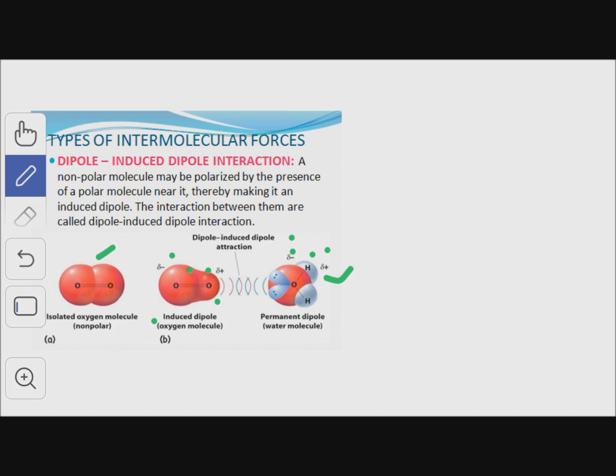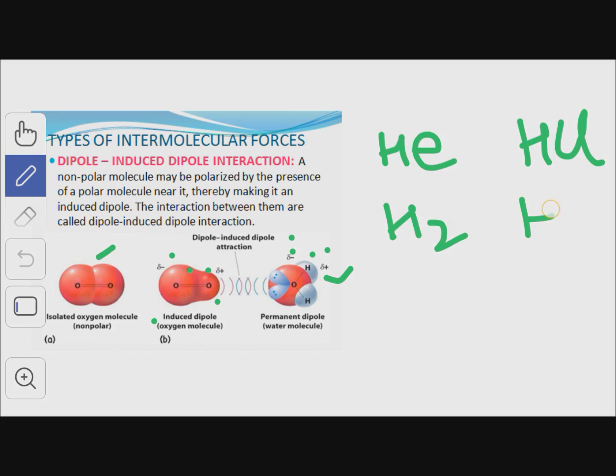Another example is of noble gases. Noble gases also get polarized in the presence of a polar molecule. For example, helium gas, which gets polarized by the presence of an HCl molecule, or a hydrogen molecule, which gets polarized by an HCl molecule or water molecule.